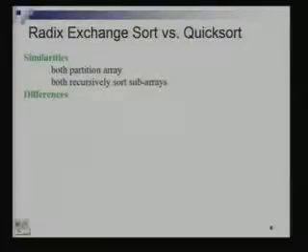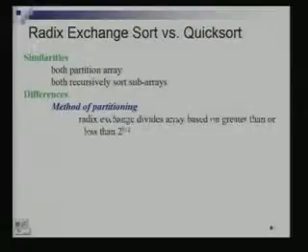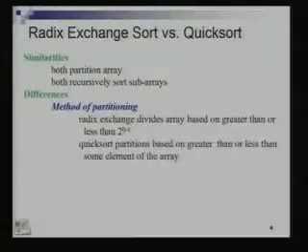Anything more than 2 to the b minus 1 goes in the bottom half of the array, anything less than 2 to the b minus 1 goes in the upper part of the array. So it is the method of partitioning which makes the difference. In radix exchange, we divide the array based on whether the number is larger than 2 to the b minus 1 or less than, while in quicksort we are partitioning based on a pivot element.